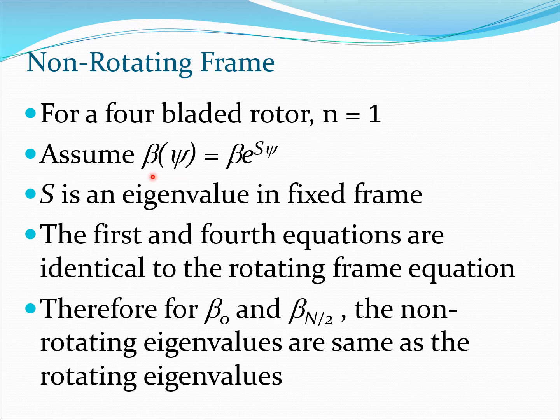Now to find the nature of that particular differential equation, we said beta of psi is beta into e to the power S psi, where S is the eigenvalue in the fixed frame.